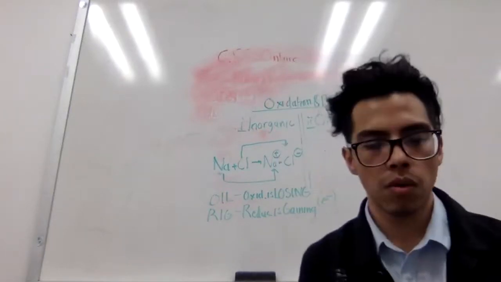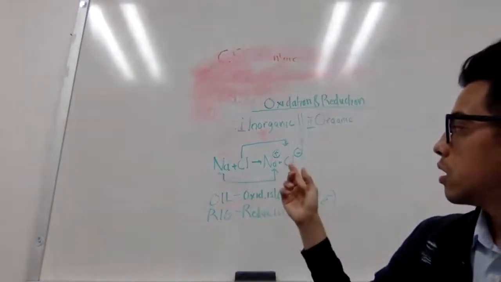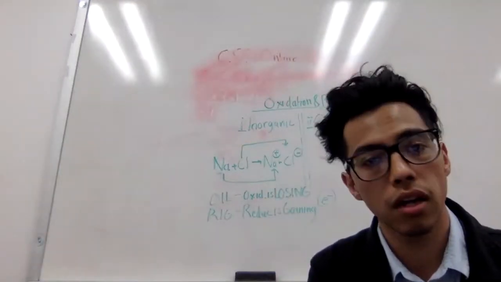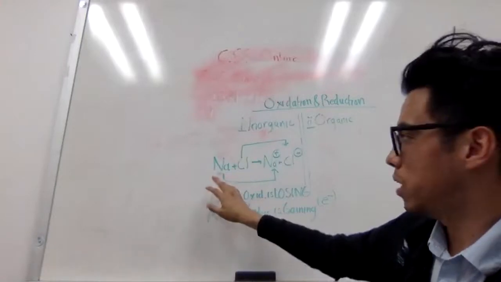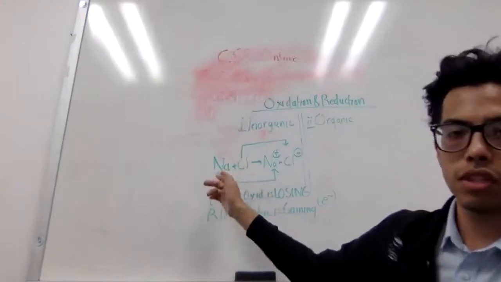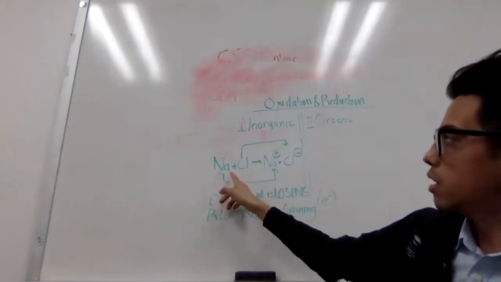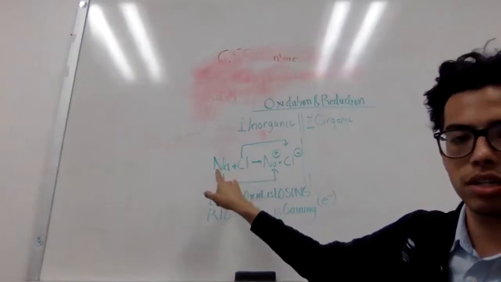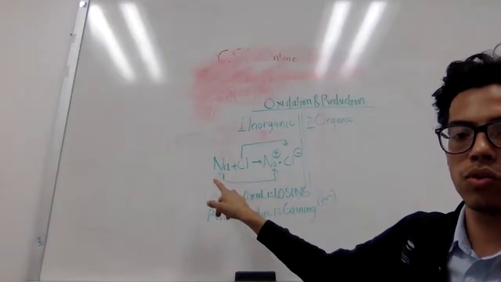All right. So when we're talking about the inorganic sense, like I mentioned before, we're talking about ions, and a common example would be sodium and chloride. So for this example, you have sodium uncharged and chlorine uncharged, and when they undergo an oxidation and reduction reaction, each one will go through a different one.